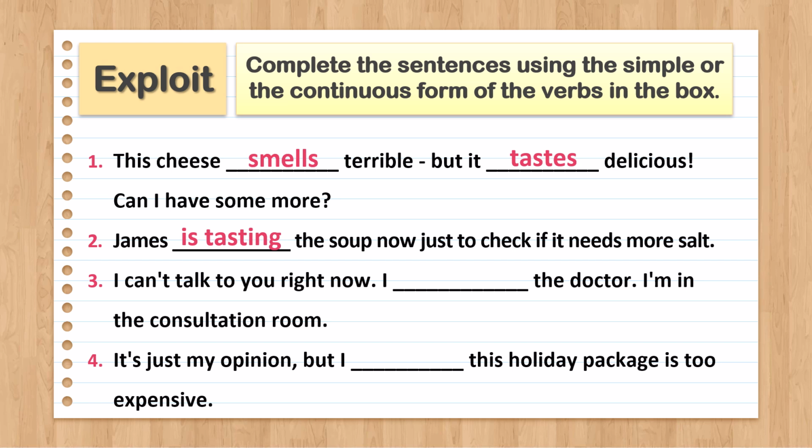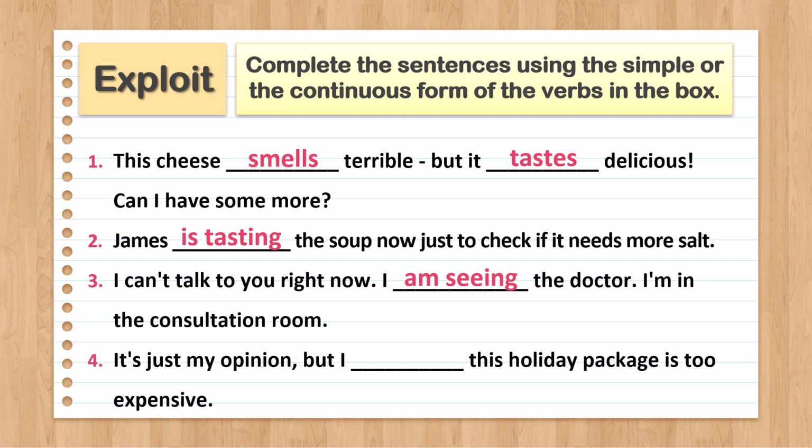Number 3. I can't talk to you right now. The doctor. I'm in the consultation room. You don't usually see the doctor this way. It's a temporary appointment, not your vision. So I'm seeing the doctor is used as an action verb here.